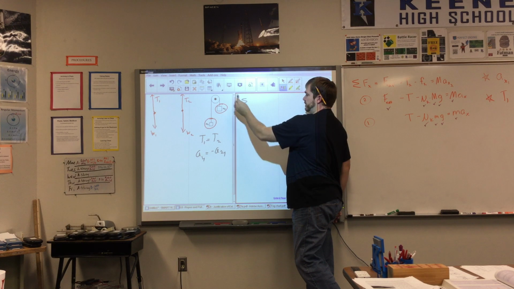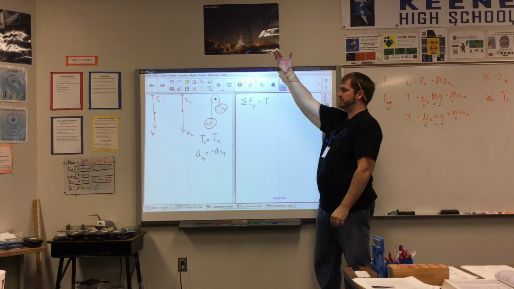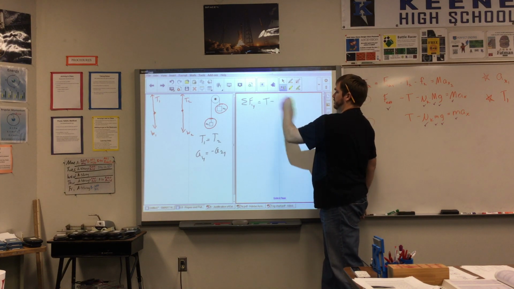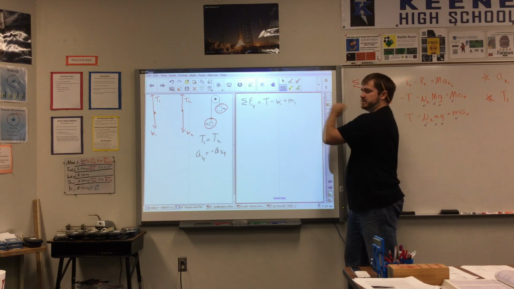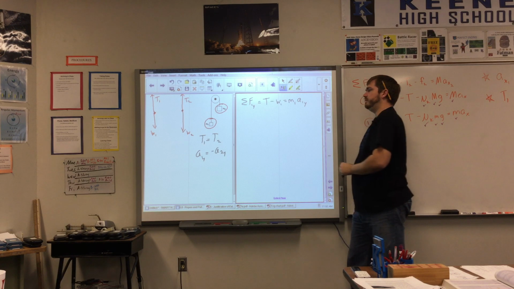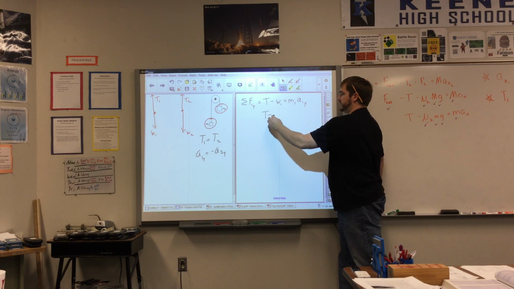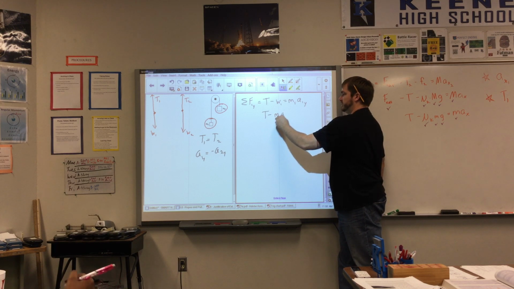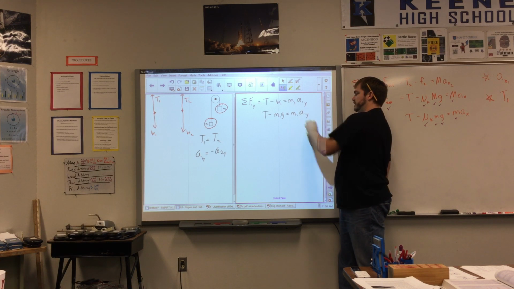So for object 1, summation of forces in the y direction is tension going up minus weight 1 going down equals mass 1 times the acceleration of object 1 in the y direction. So we could write that as tension minus m1 g equals m1 a1 in the y direction.